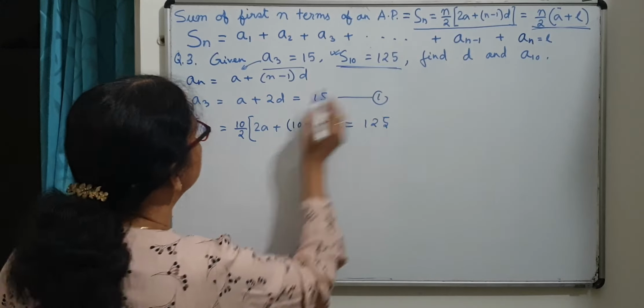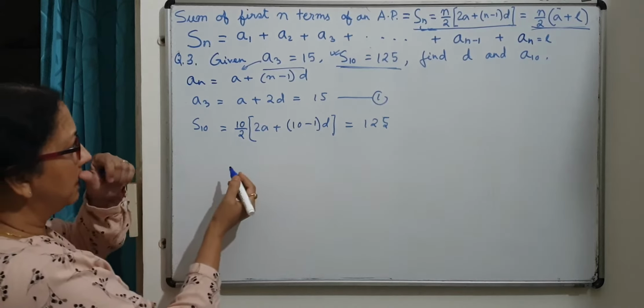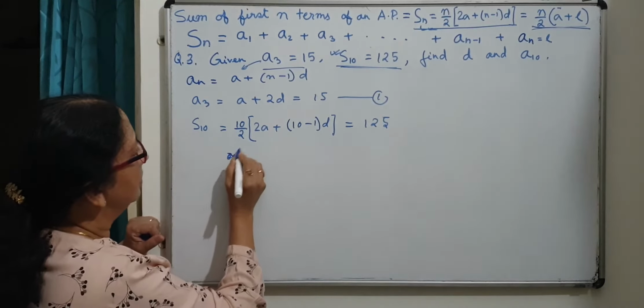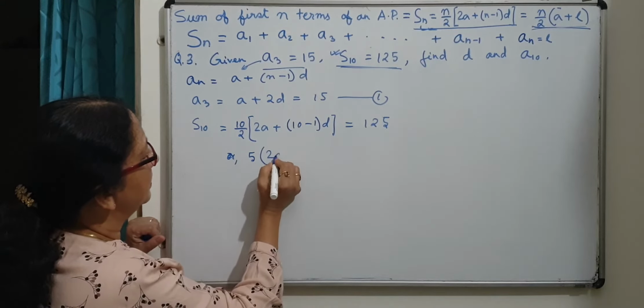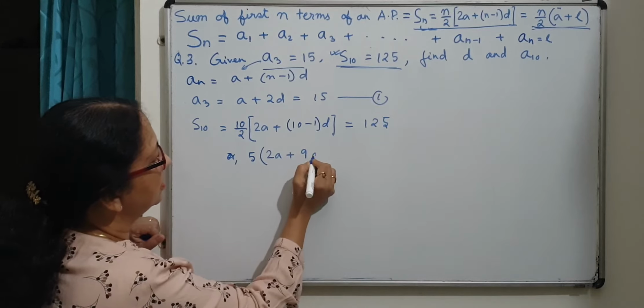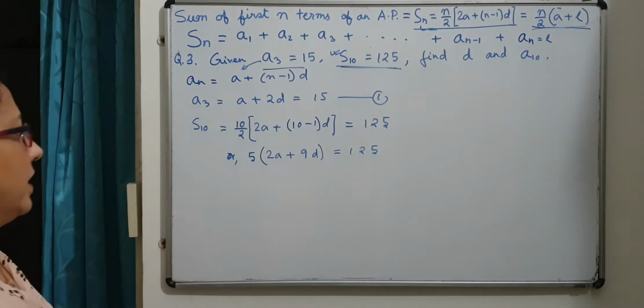This is S10 by this formula. Now let's simplify this one. This is your 5, twice A plus 9D is 125.